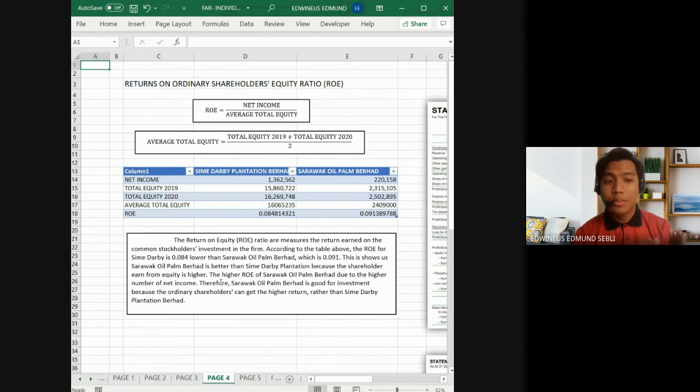The ROE for Samdabi is 0.084, lower than Sarawak Oil Palm Berhad, which is 0.091. This shows us the higher ROE of Sarawak Oil Palm Berhad is due to the higher net income. Therefore, Sarawak Oil Palm Berhad is good for investment because the ordinary shareholders can get a higher return than with Samdabi Plantation Berhad.